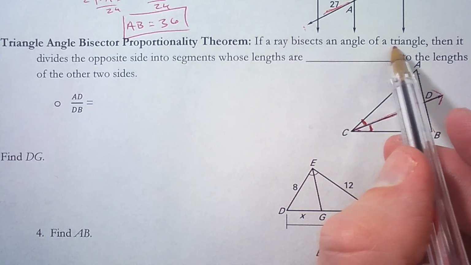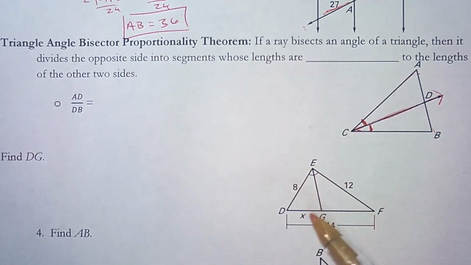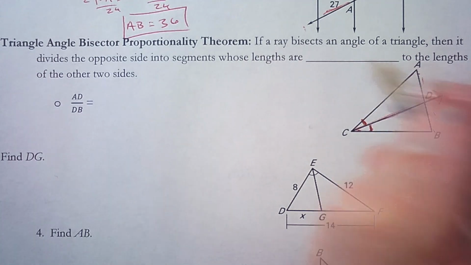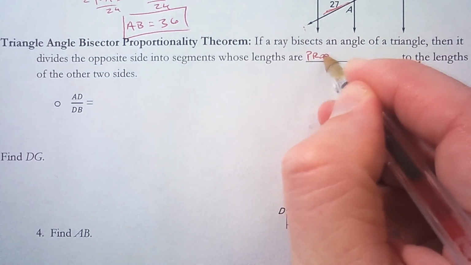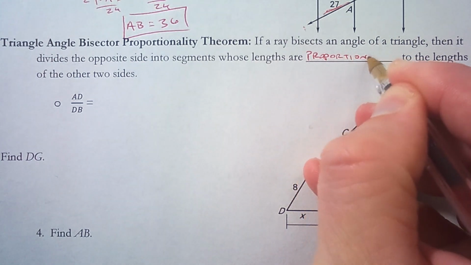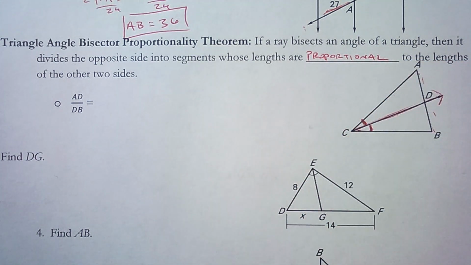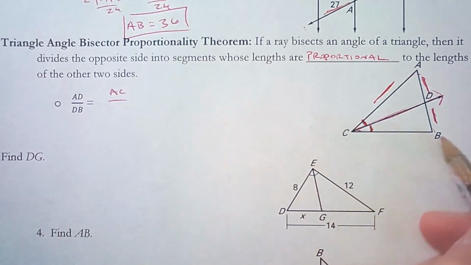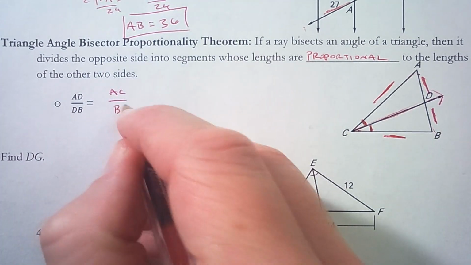Then it divides the opposite side into segments whose lengths are proportional to the lengths of the other two sides. So that means AD is to DB as AC is to BC.